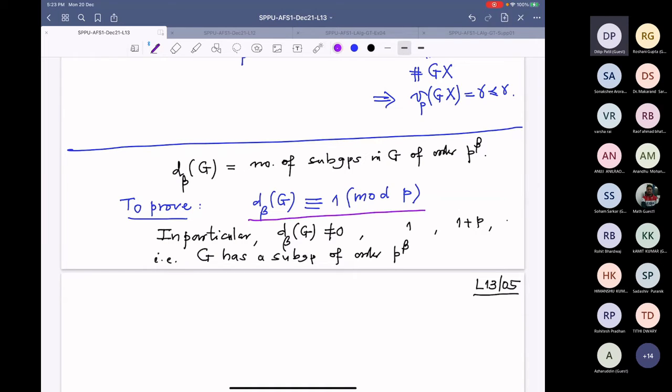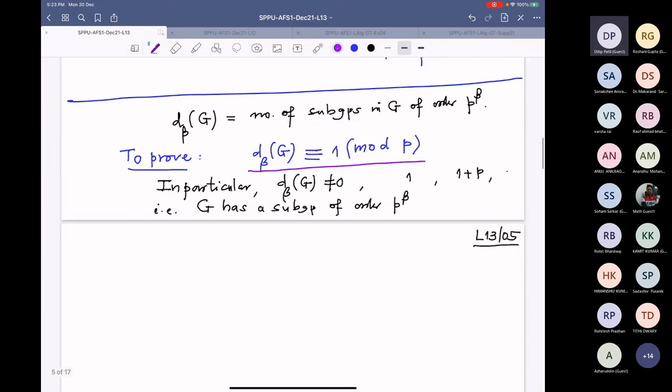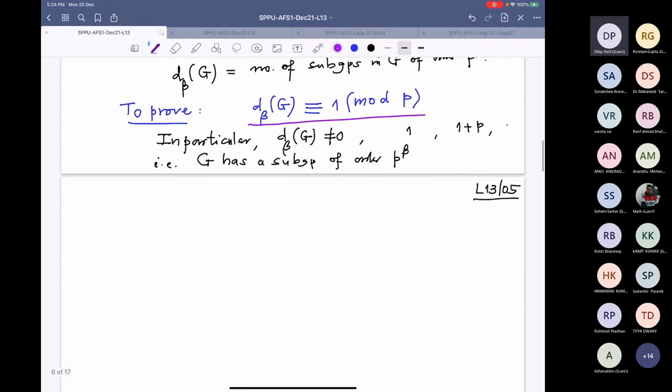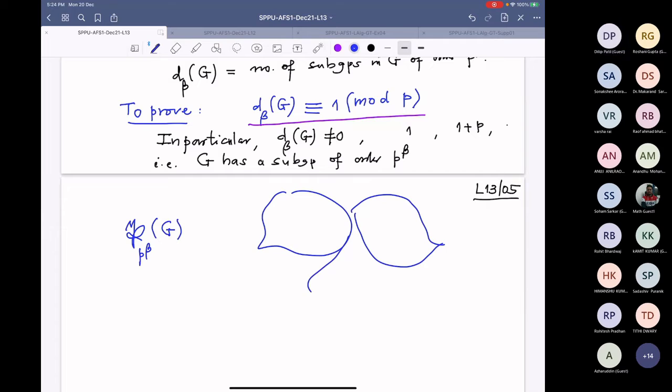And how am I going to prove this? Now see, as I explained to you last time, this set P power beta of G, this is where G was operating. And we have broken this into several disjoint pieces, right? Now this is one orbit, this is another orbit, this is another orbit.